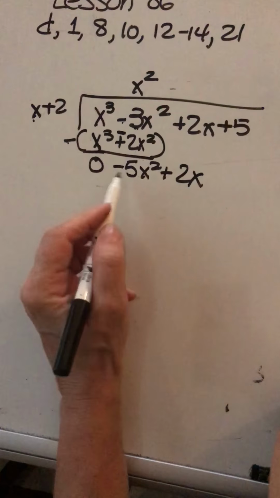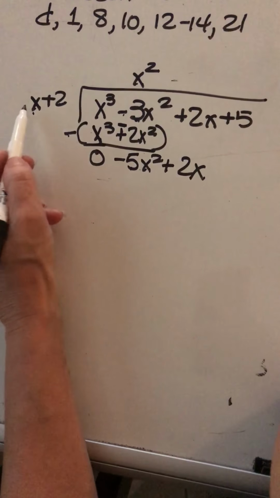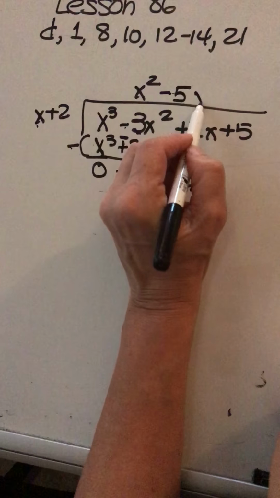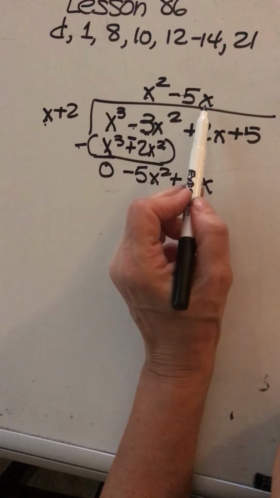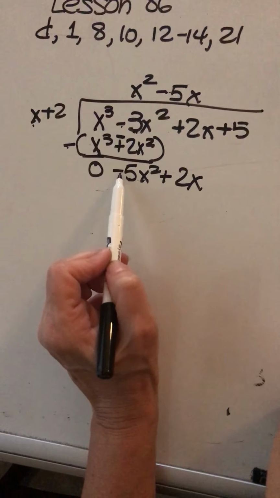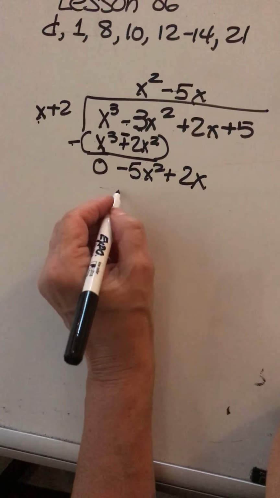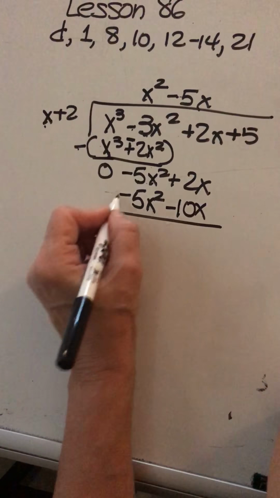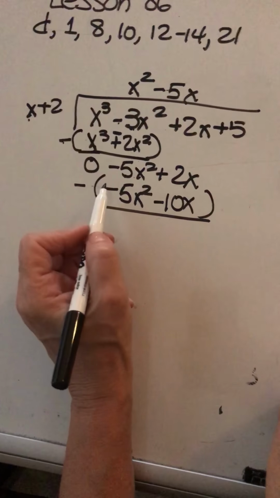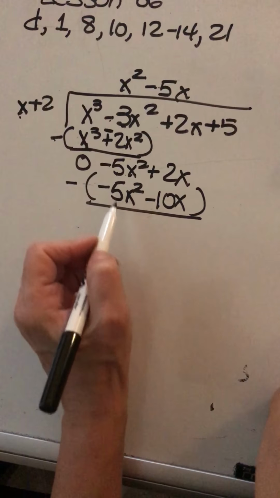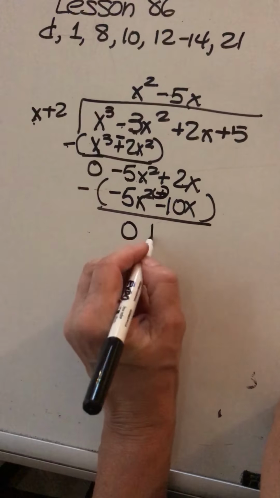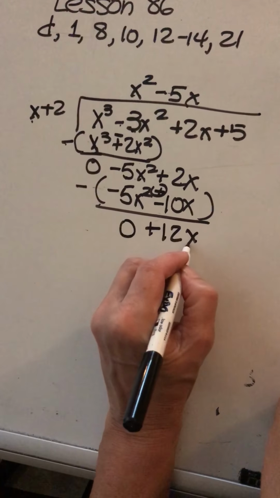Now I divide. Negative 5x squared divided by positive x is negative 5x. Because I have to get a negative here to eliminate it. So negative 5x times x is negative 5x squared. Negative 5x times positive 2 is negative 10x. Now when I subtract, these become positive. Negative 5 plus 5 is 0. 2 minus a negative, which is a positive, leaves me with positive 12x.